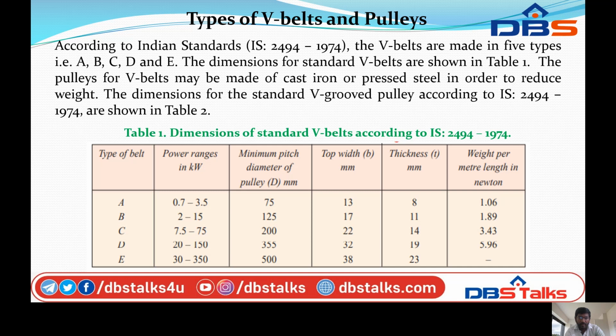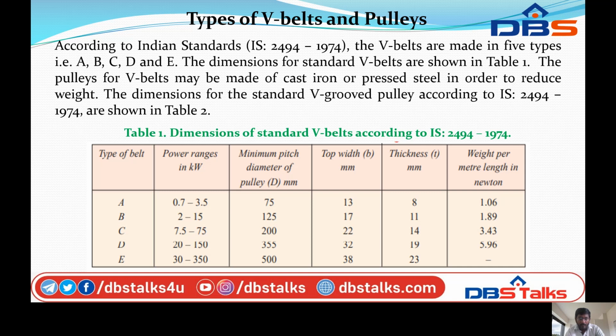The power range for D type belt is between 20 and 150 kilowatts, so we can choose the D belt for 90 kilowatts.